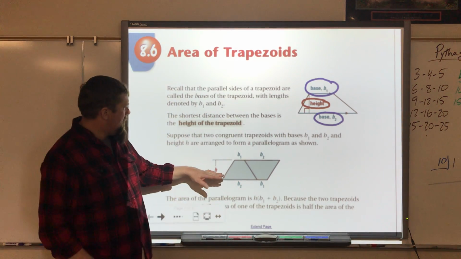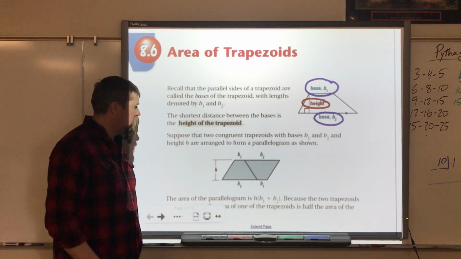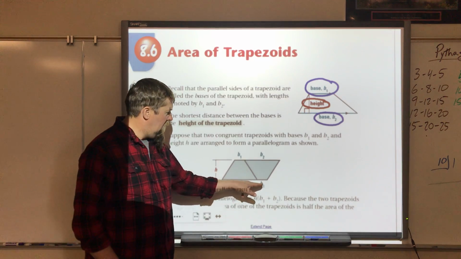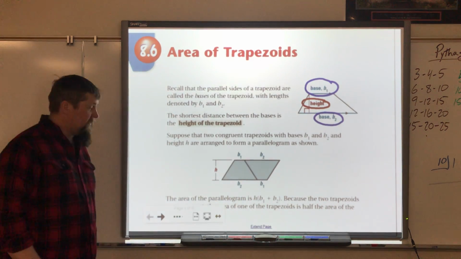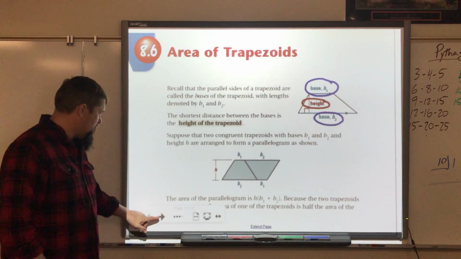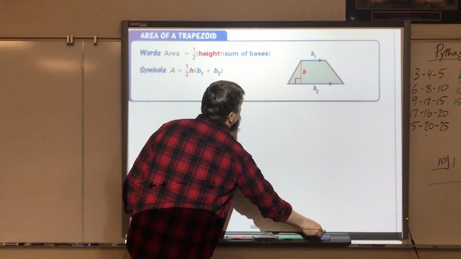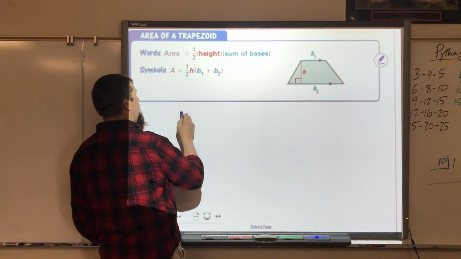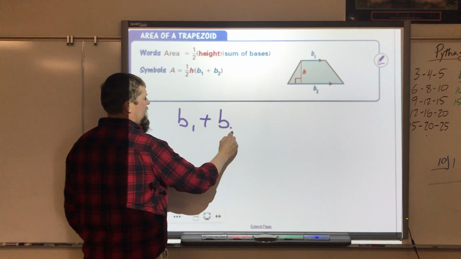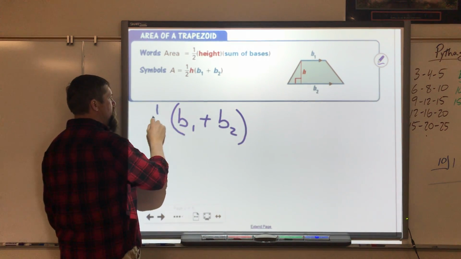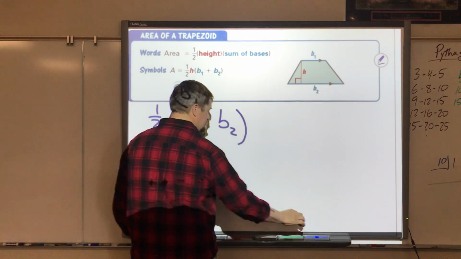Here we've got, suppose that you have two congruent trapezoids with base 1 and base 2. Basically, you are averaging those bases or adding them together, and then you're multiplying times h. So the formula is that you take 1/2, you take the average of the two bases, meaning you add them together and divide by 2, but then you're taking that times the height.